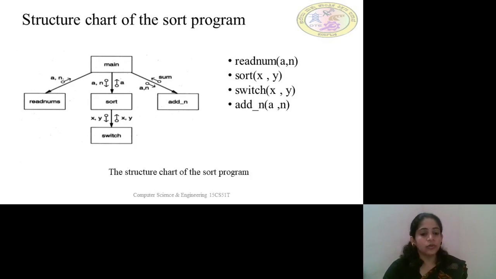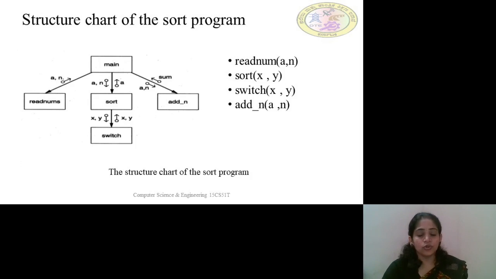In order to execute the sort function, we call the submodule switch, x comma y. The arrow mark indicates that it calls the switch function. After executing the switch module, by comparing the values of x and y, the result is sent back to sort. Again the final value of the numbers will be sent to the main function.